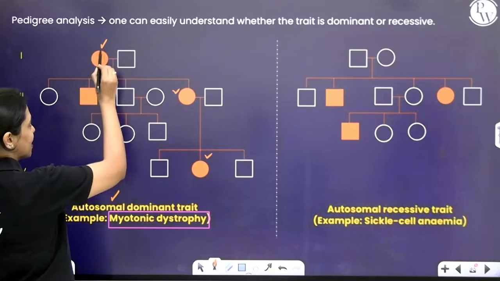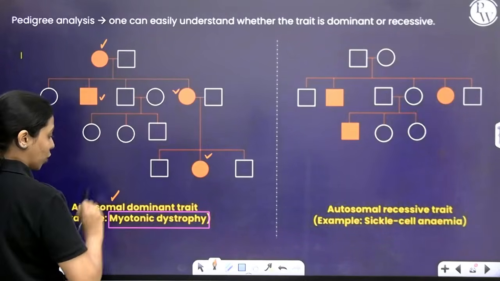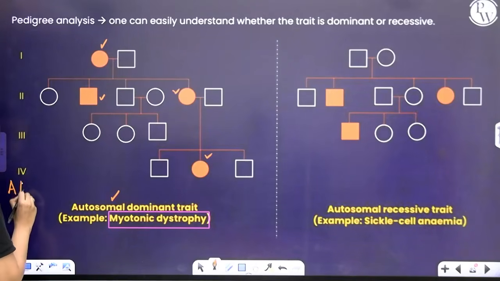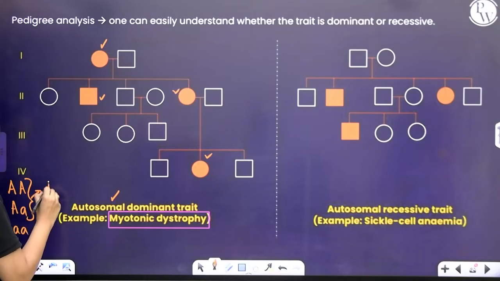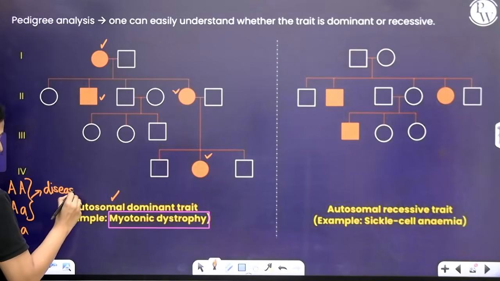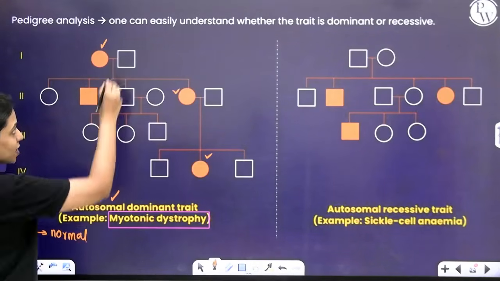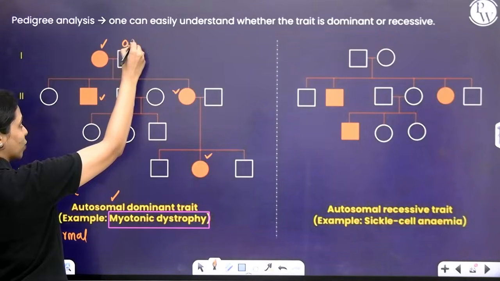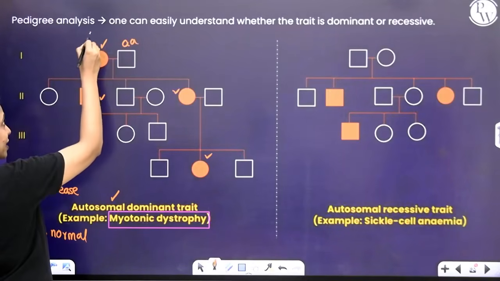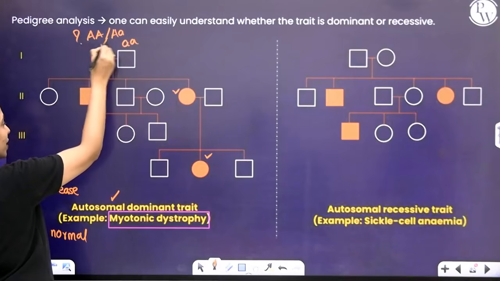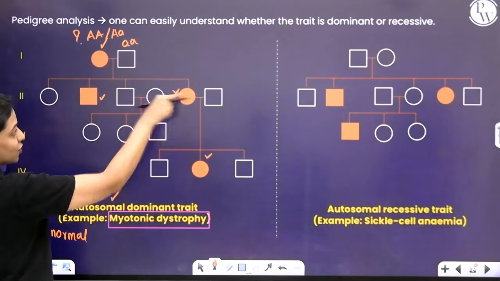See, this lady in autosomal dominant trait, what happens is, let's say A, these are the combinations. If these two combinations are there, they can show disease. If this combination is there, then they'll be normal. So this person will be lowercase a. Now this lady can be capital A capital A or capital A lowercase a. How do we find out whether she is this or this? Look at her children.